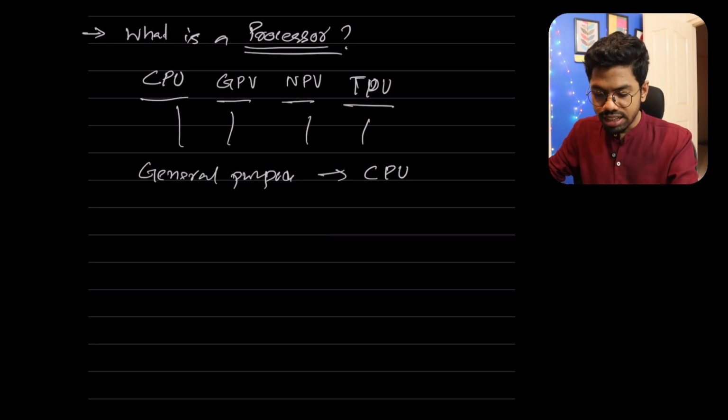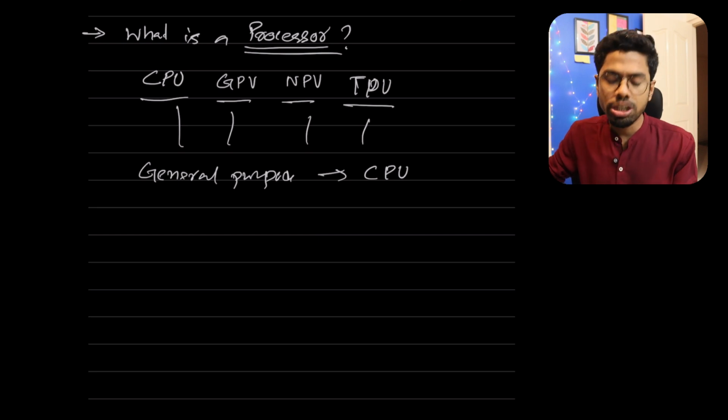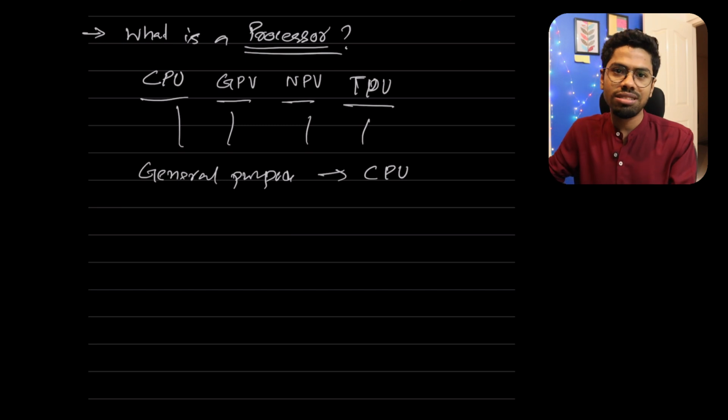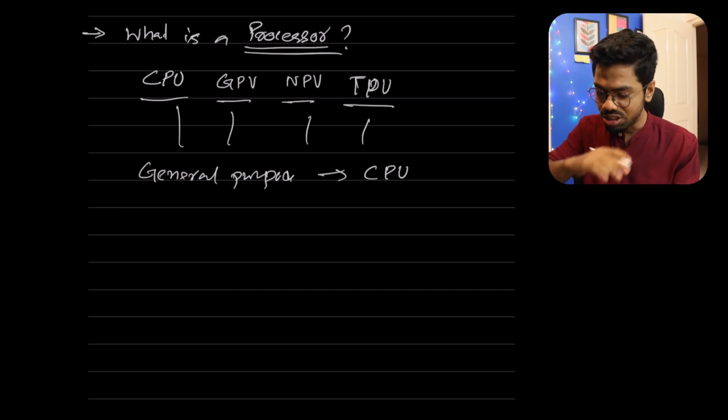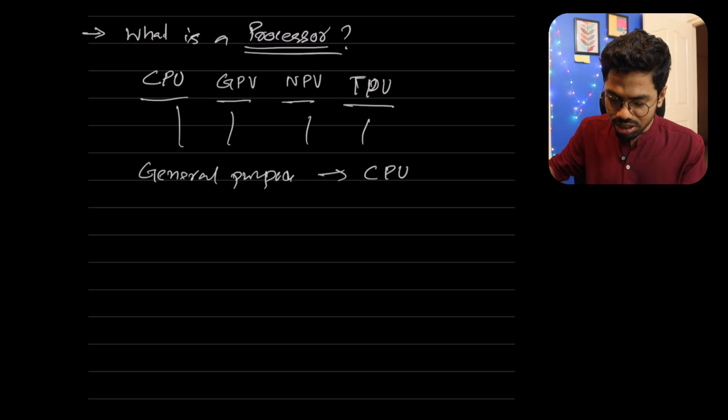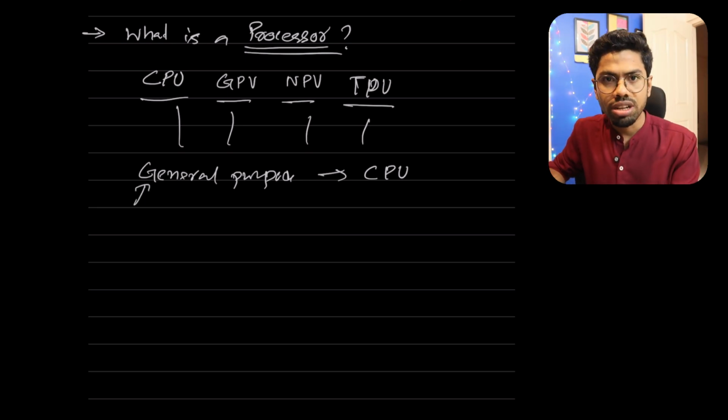Now it would be very nice to know a bit about these things, and to differentiate between CPU, GPU, and NPU. You are taking this course, your friend asks, hey, what is the difference between CPU and NPU? And if you can't answer, they might laugh at you: hey, you are taking a course and you don't know. Therefore you can give this answer: as the name suggests, this is general purpose computing, right?